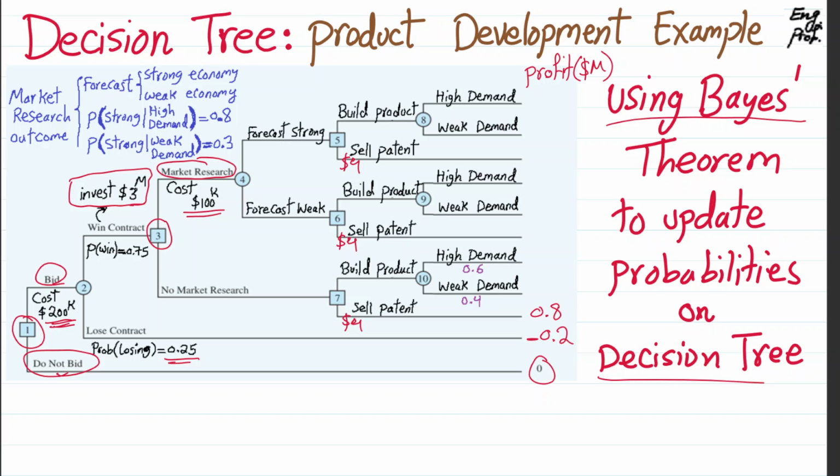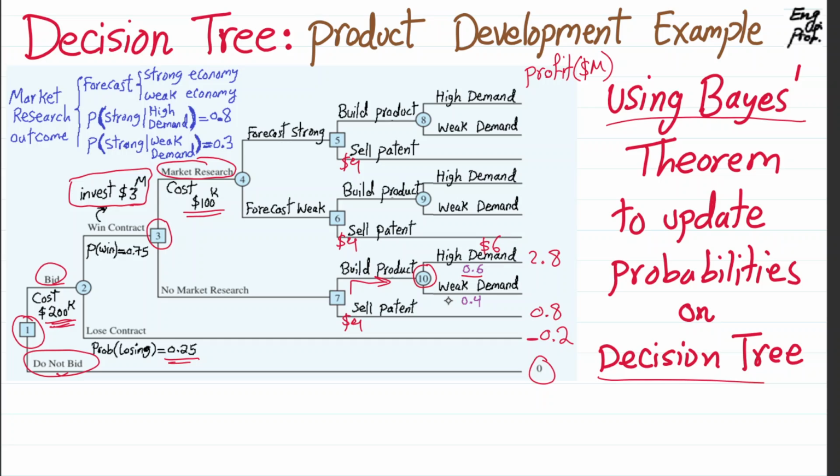If we build the product here, then we get to chance node number 10, and with a 60% chance we're going to have high demand, or a good economy. Let's say in that scenario we get $6 million in revenue, and then 6 minus 3 minus 0.2 gets us to $2.8 million profit.